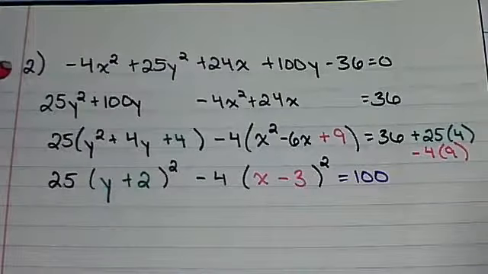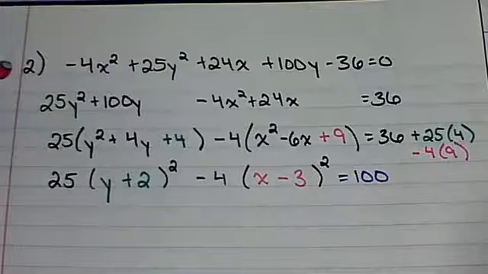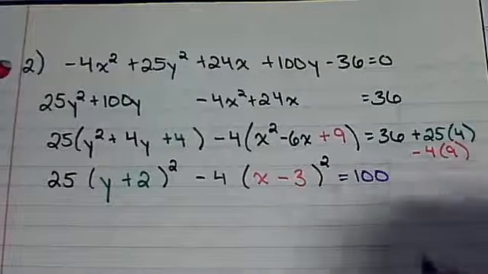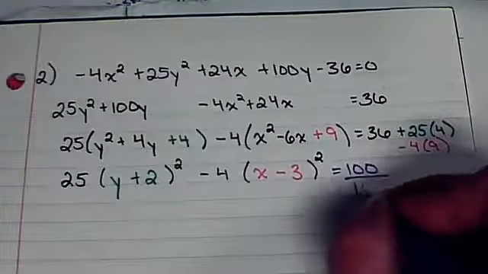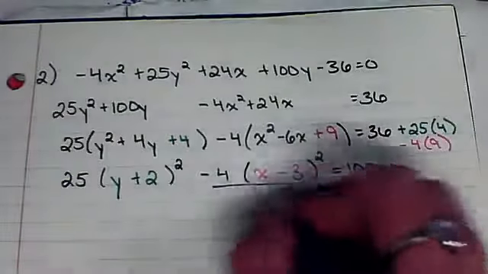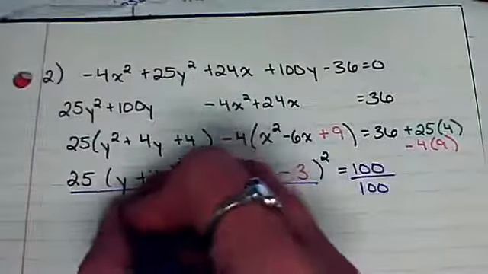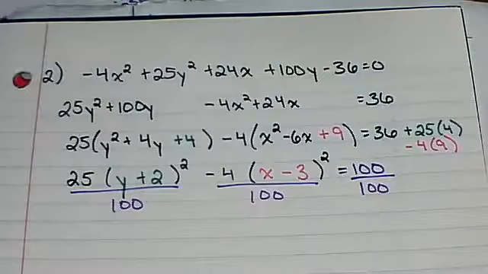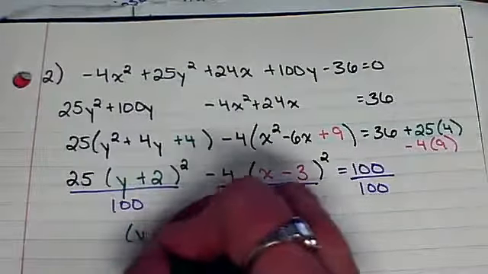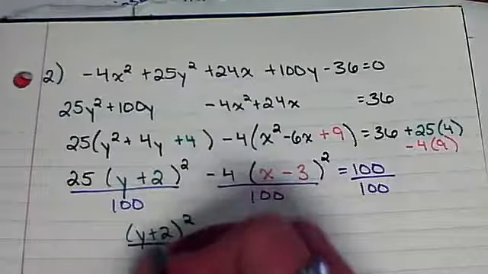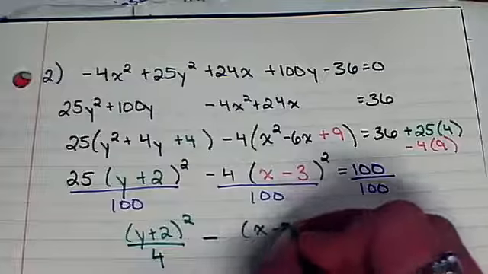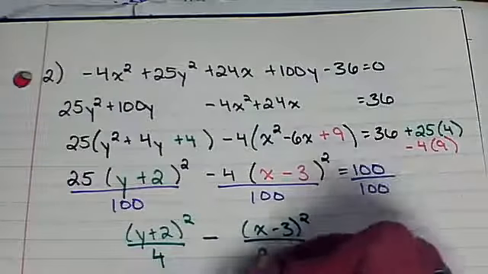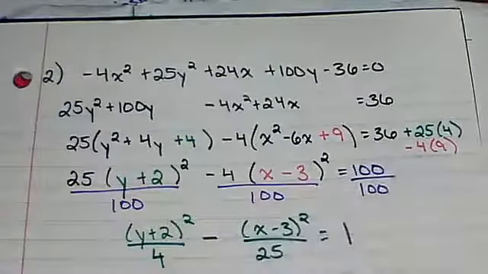Now, I am almost there. For ellipses and hyperbolas, we want that right side to be 1 for graphing form. So I'm going to divide by 100. And in the first part, I'm going to get y plus 2 squared over 4 minus x minus 3 squared over 25 equals 1.